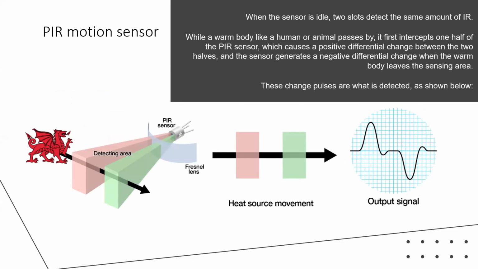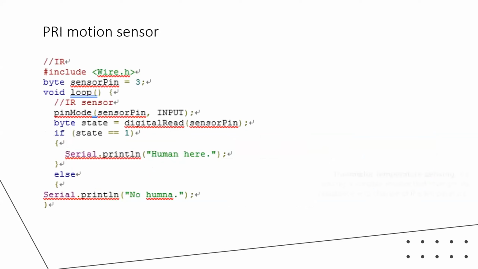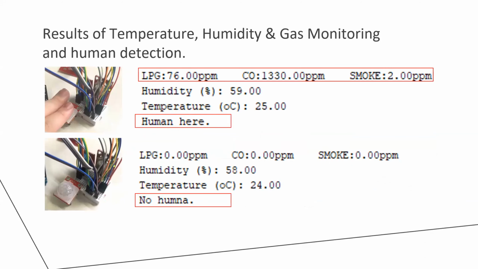The PIR motion sensor, as I mentioned, is for the detection of humans being present and to actuate the entire gripper system. And here are the codes again. So here are the results for what we did with the PIR sensor and the temperature and humidity sensors.